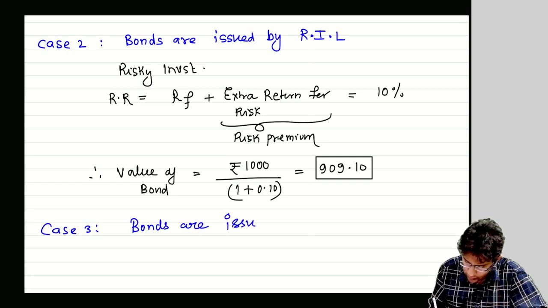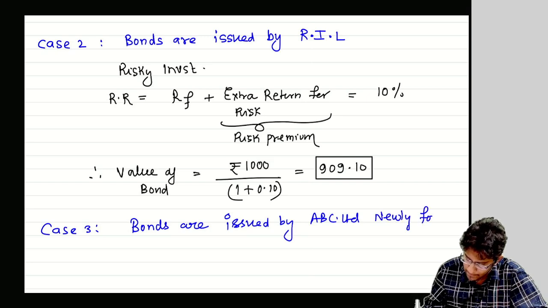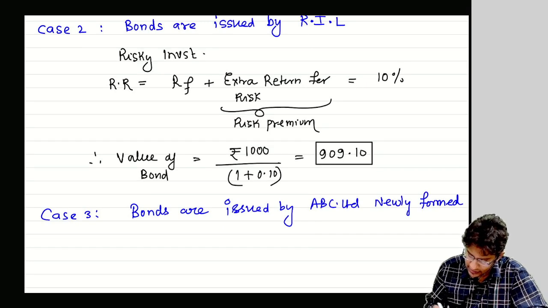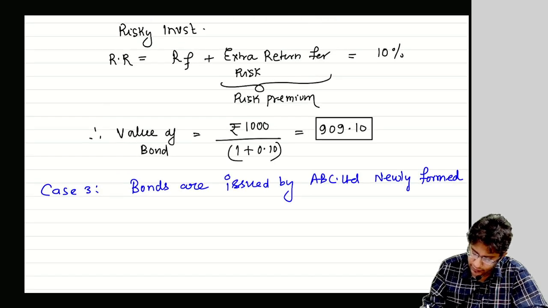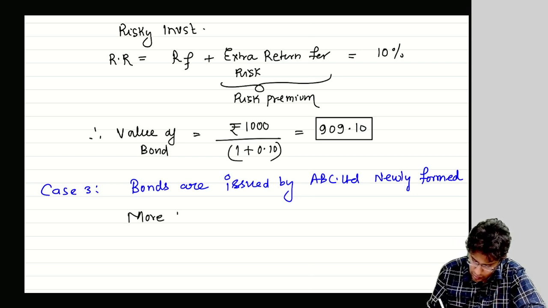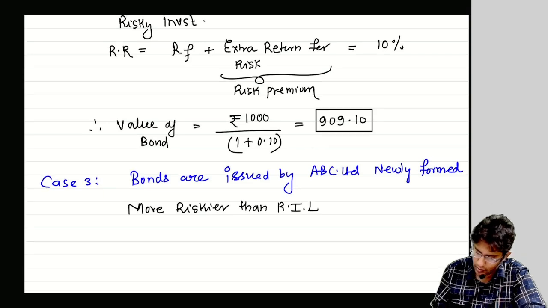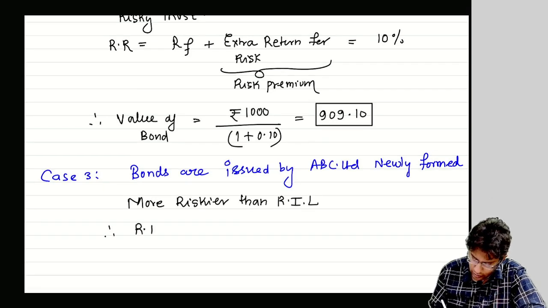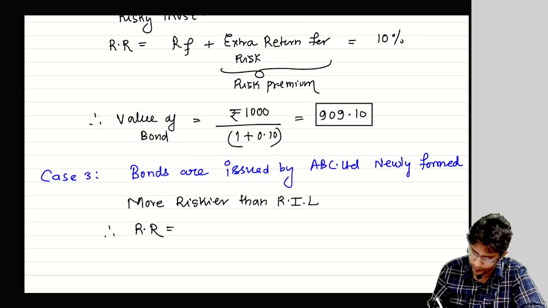Bonds are issued by some ABC Limited, which is newly formed. Since it is newly formed, it's much riskier than Reliance Industries. Therefore, your required return is equal to 14%.